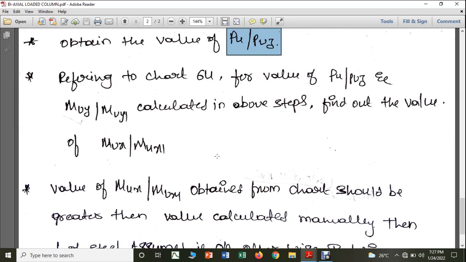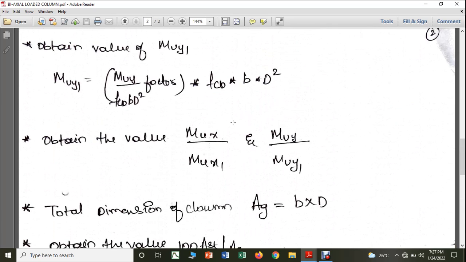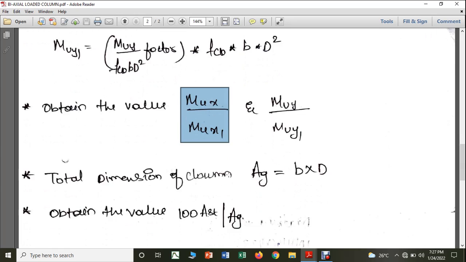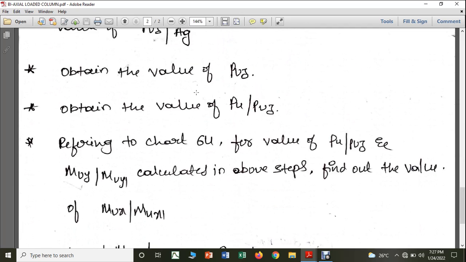This value of MUX by MUX1 that you have obtained from the chart should be greater than the value of MUX by MUX1 that we calculated here.